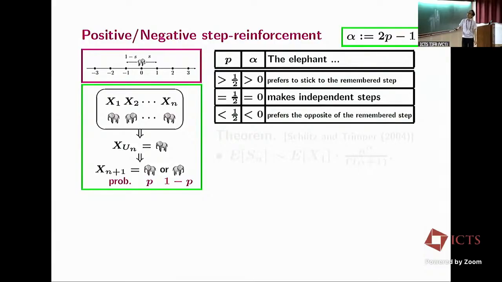If p exceeds one half, then the elephant prefers to stick to the remembered step. If p is one half, then it is just a symmetric random walk. And if p is less than one half and alpha is negative, then the elephant prefers the opposite of the remembered step.